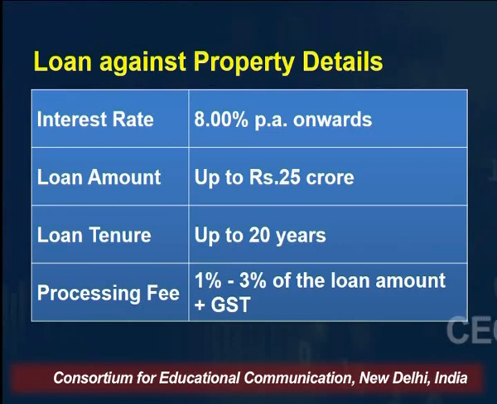The loan amount is up to 25 crores. The loan tenure is up to 20 years and the processing fee is 1% to 3% of the loan amount plus the GST.